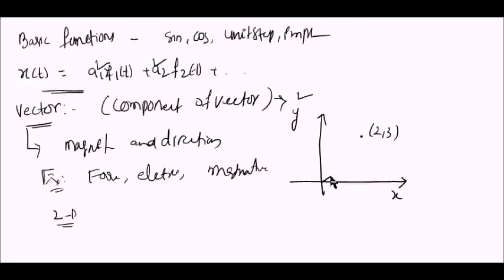If I draw a line from the origin to this point, this is a vector. The point is denoted by a, and the vector is denoted by a bar. In the two-dimensional coordinate system, the unit vector along the x direction is vx and the unit vector along the y direction is vy. So a bar equals 2 into vx plus 3 into vy. This is the representation of the vector in the two-dimensional coordinate system.